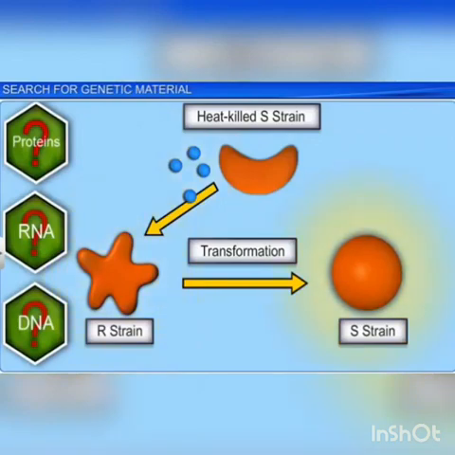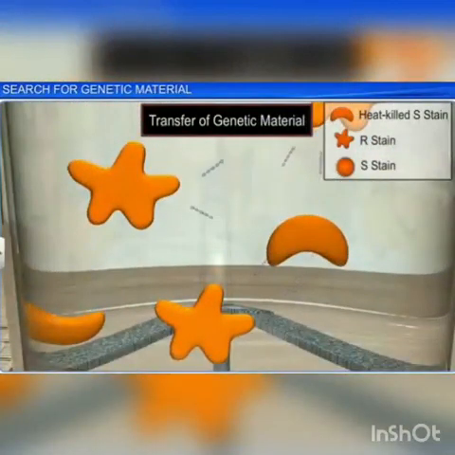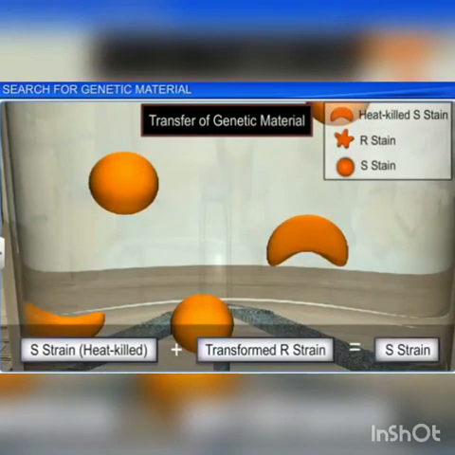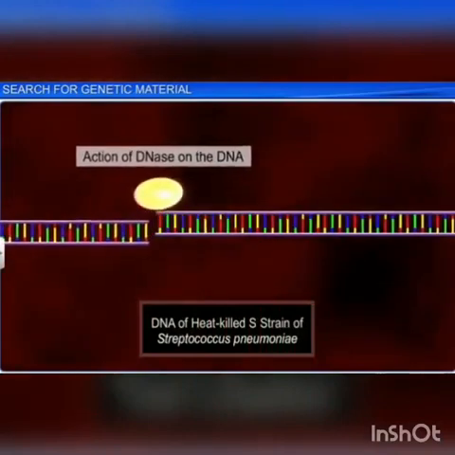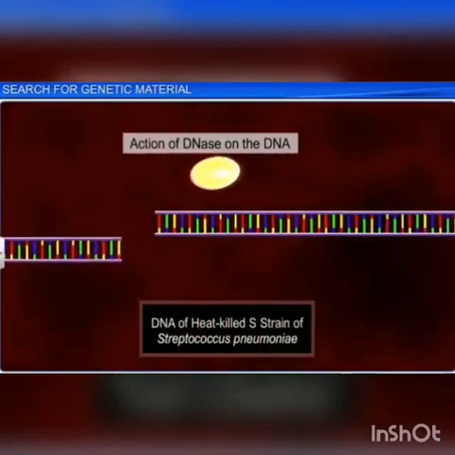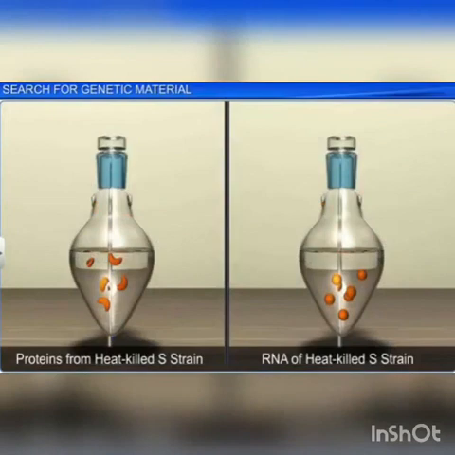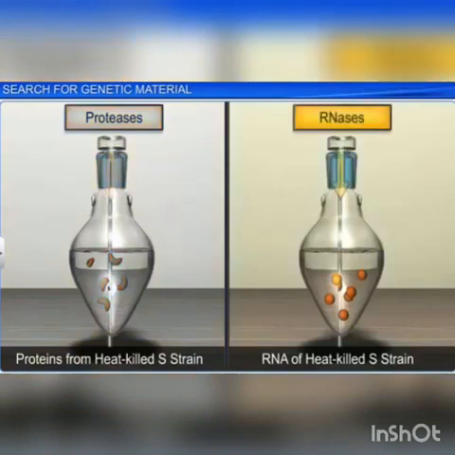Through their experiment, it was discovered that it was DNA from the S strain bacteria that had transformed the R strain bacteria. They also found that digestion of DNA of heat-killed S strain with DNase inhibited transformation. Further, the scientists also discovered that digestion with proteases, or protein-digesting enzymes, and RNases, or RNA-digesting enzymes, did not affect the transformation.